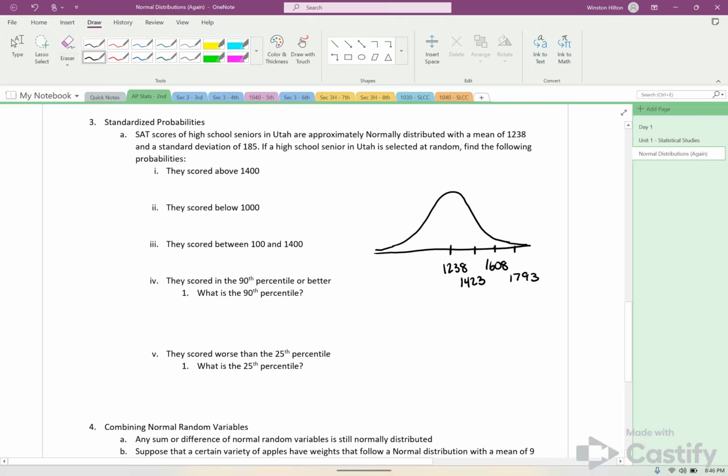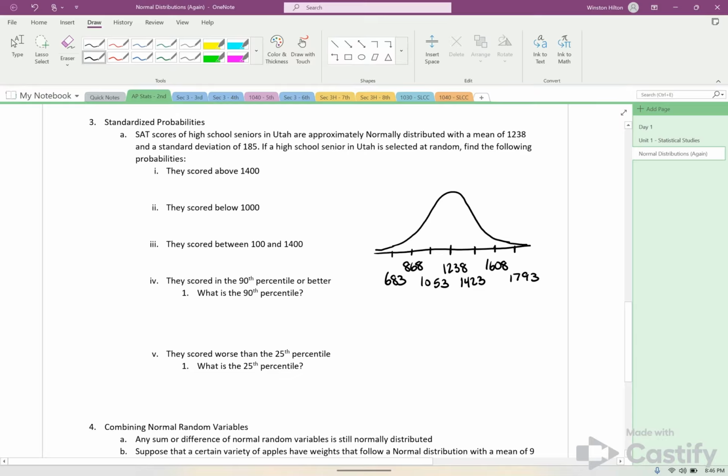Now, one standard deviation below the mean would be 1,053. One below that, 868. And one below that, 683.